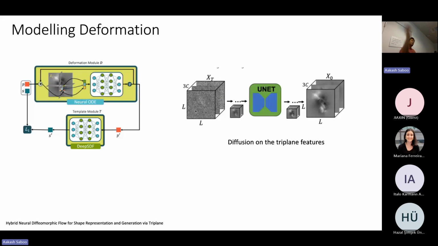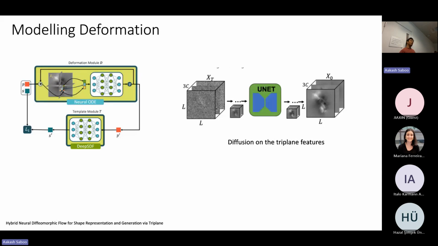It's just that you have increased the channels in the 2D representation. But why this is useful is you have reduced diffusion from 3D, and now you're doing it in 2D. You're now using 2D diffusion and latent 2D diffusion.